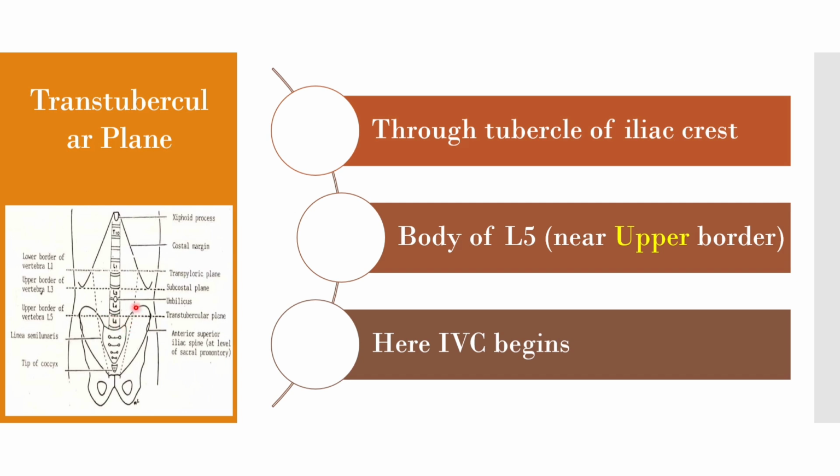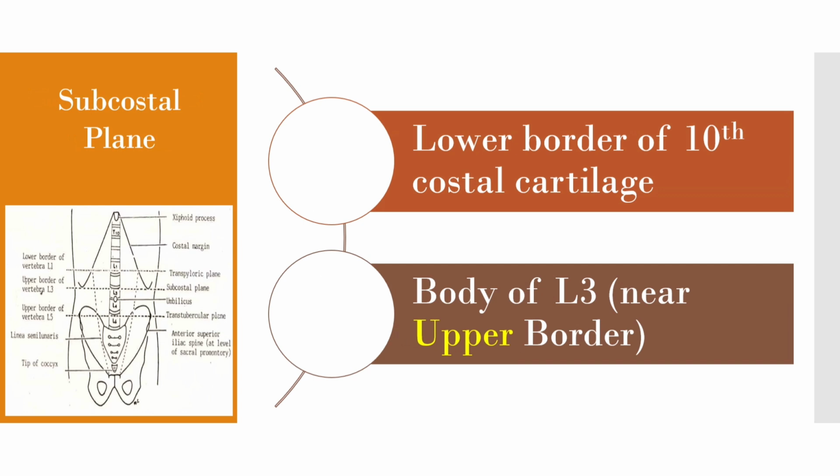Here only the inferior vena cava also begins. So if you get any question on where the inferior vena cava begins, you should know it begins near the transtubercular plane. Next, regarding the subcostal plane: it crosses the lower border of the 10th costal cartilage and the body of L3, near the upper border.